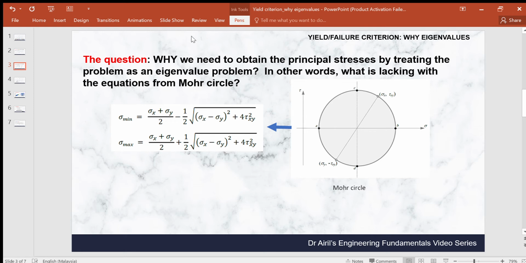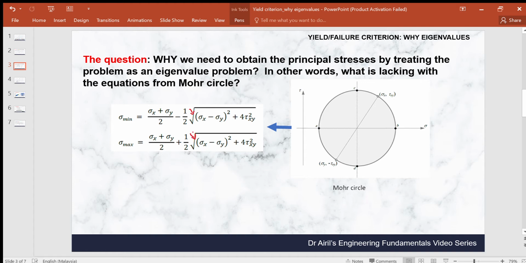Now, look carefully at the equations. What can you notice? Look at the square root.